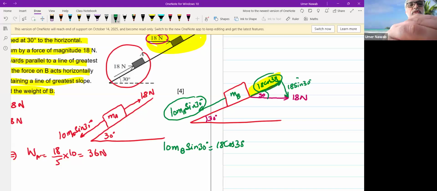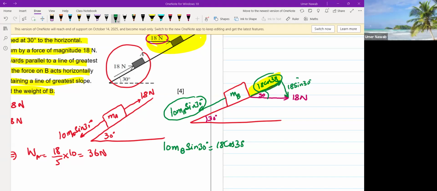So shall we use the equation solver? Write 10 times x times sine of 30 equals 18 cosine of 30, close the bracket, shift solve, and then you get your answer 3.11.